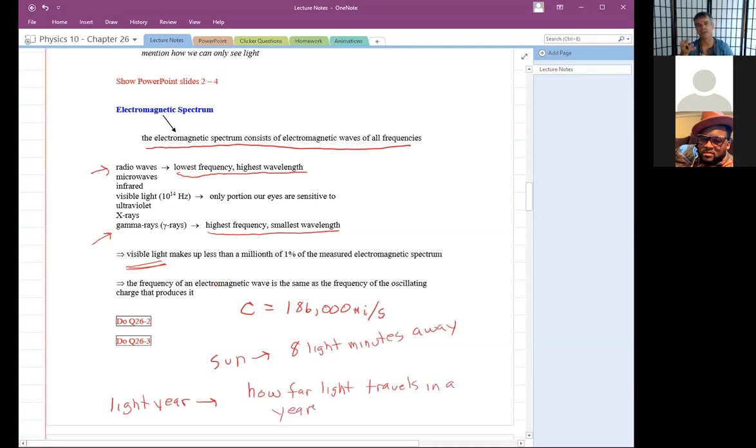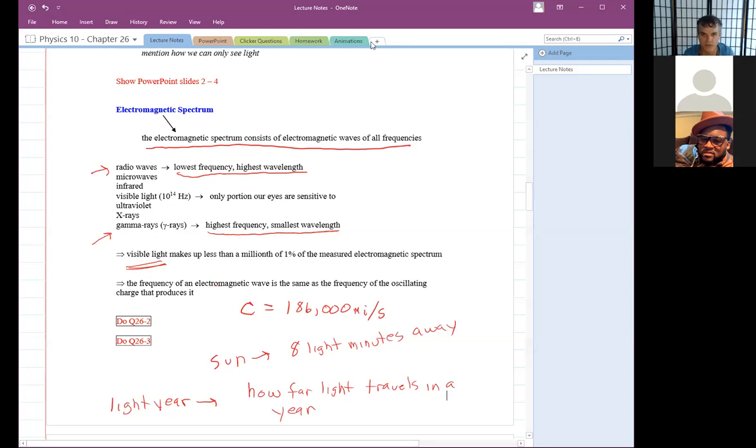It's about 6 trillion miles. It's an insane number. The closest star to us is about 4.3 light years away, which means this. The light from that star took 4.3 years to get to us.